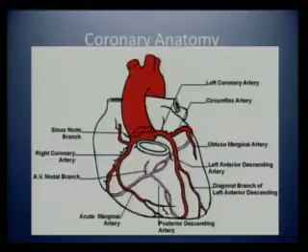This is the PDA of the right, and the circ goes to the lateral part of the heart. It has some obtuse marginals, and there is overlap in the supply of the myocardium between the diagonals and the OM. So this is the basic anatomy of the coronary arteries that supply the myocardium.